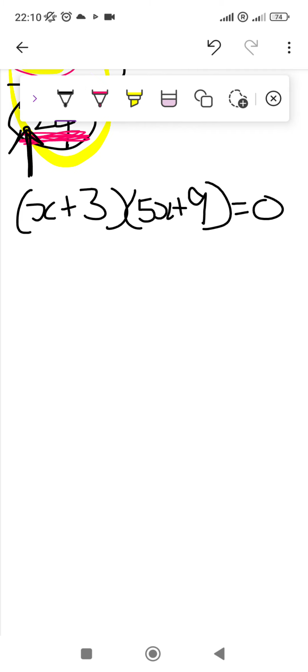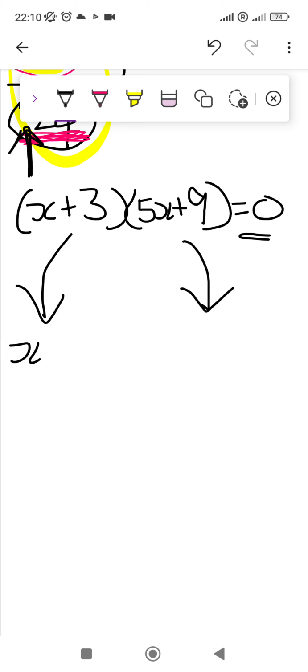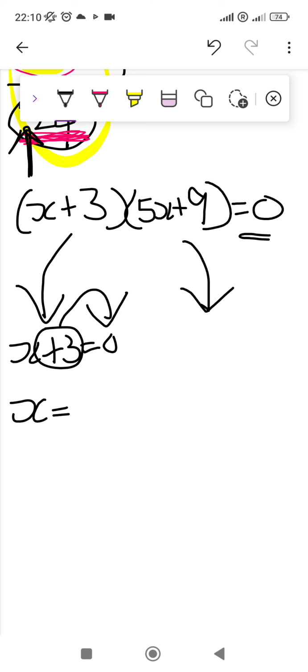Another step, because this is equated to 0, this will generate a solution, and this will generate a solution. So we'll say x plus 3 equals 0. We'll subtract 3 on both sides. So our first solution is x equals -3. And we'll say 5x plus 9 equates to 0.